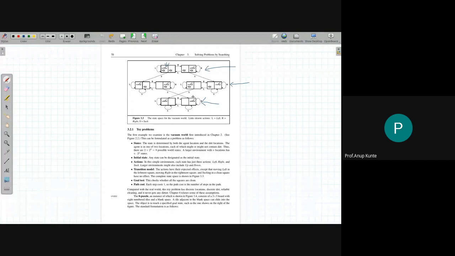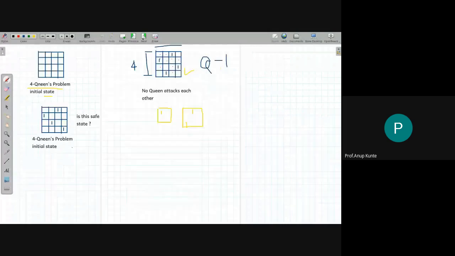Now, a goal test for a problem where you do not know the goal state will be like defining the rules that make a state a goal state. So I may be defining a goal test for the 8 queens problem or the 4 queens problem, like a set of rules where we will evaluate a given configuration.